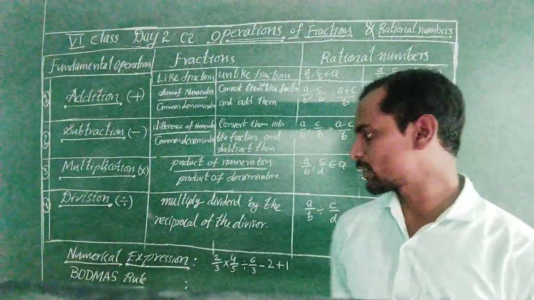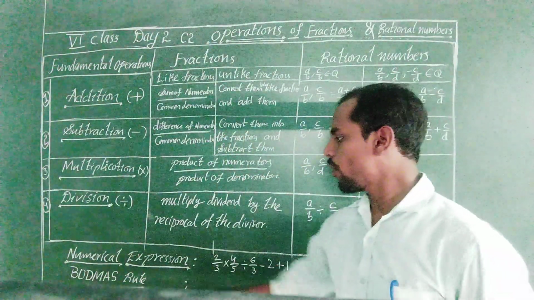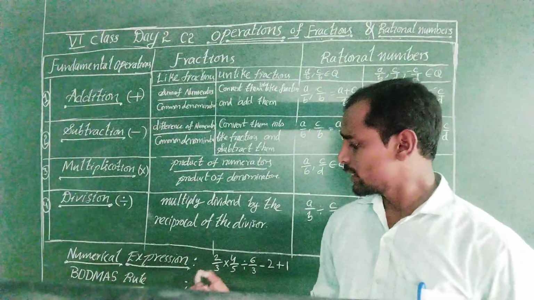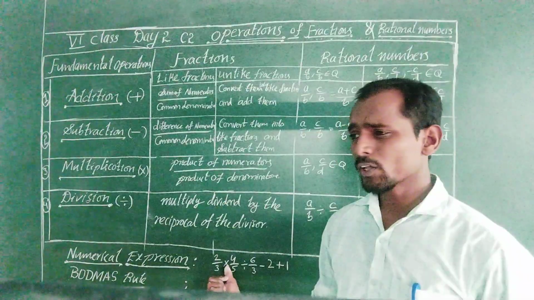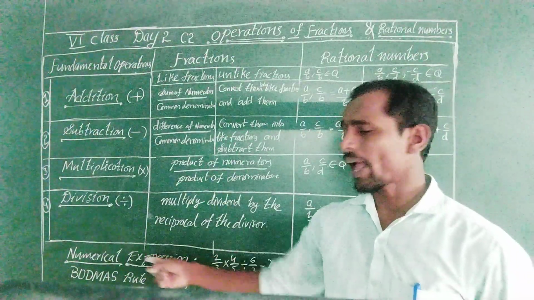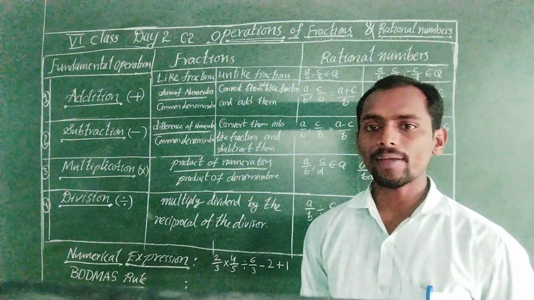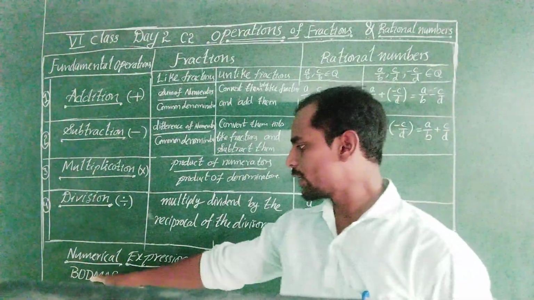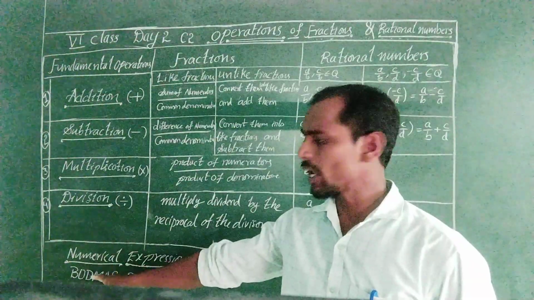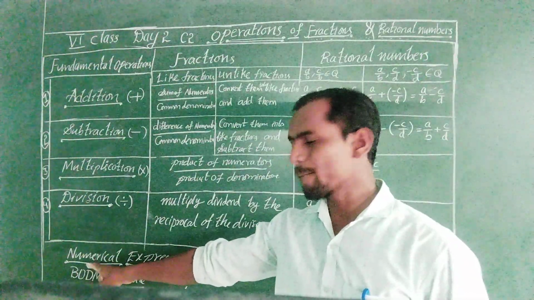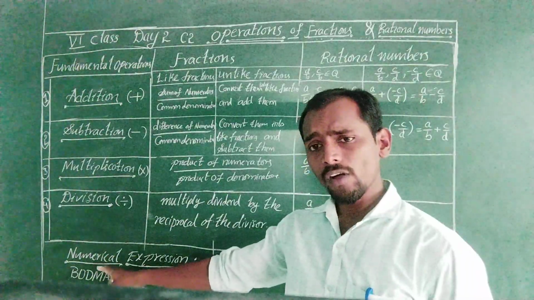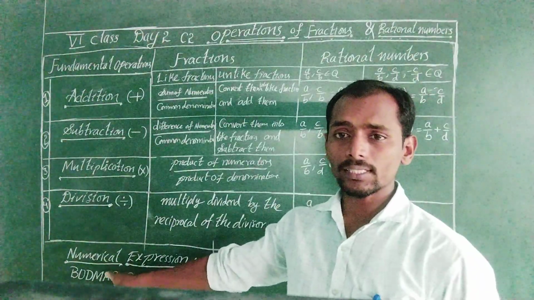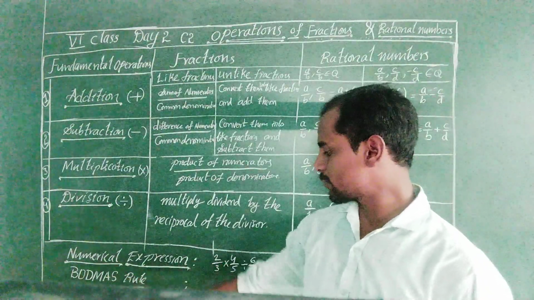Here, to solve this expression, you must follow the BODMAS rule. The process of solving a numerical expression is called simplification. In BODMAS, all capital letters: B for brackets, O for of, D for division, M for multiplication, A for addition and subtraction.